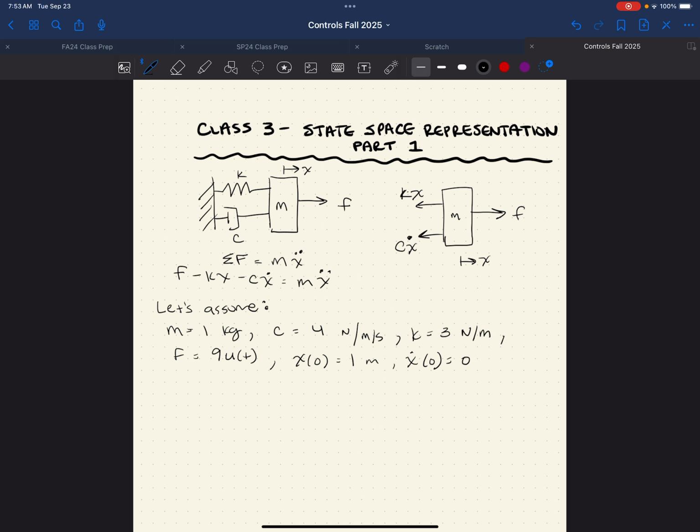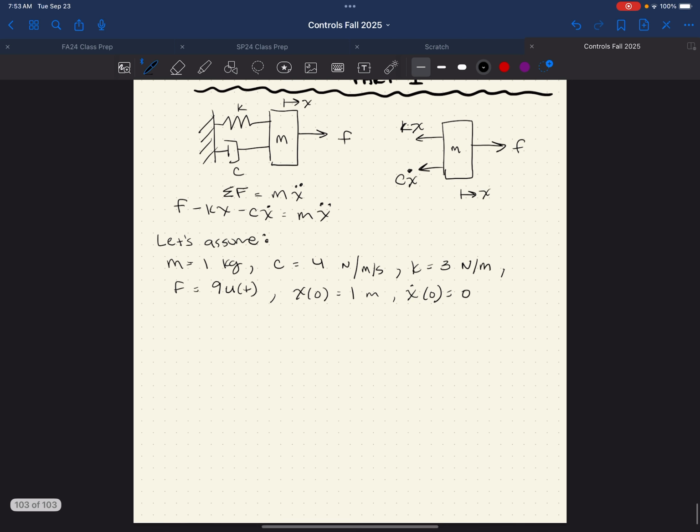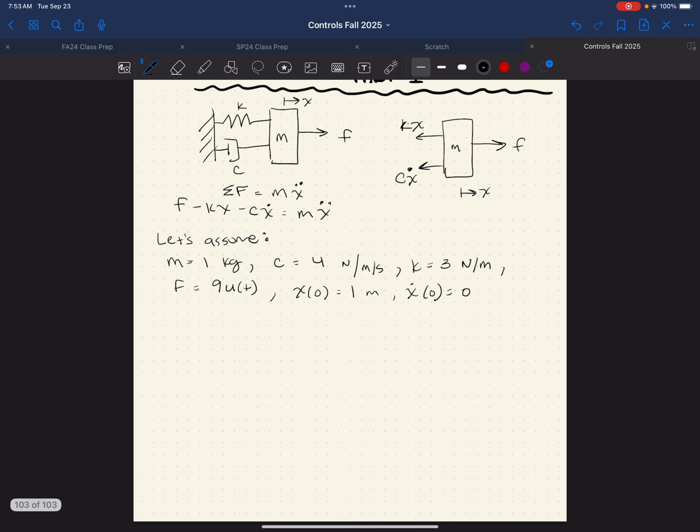So now we can take the Laplace transform of our differential equation after we plug in our parameters. So let's go ahead and plug in our parameters and see what that looks like. So we'll have x double dot equals minus 4x dot minus 3x plus 9 times our step function.